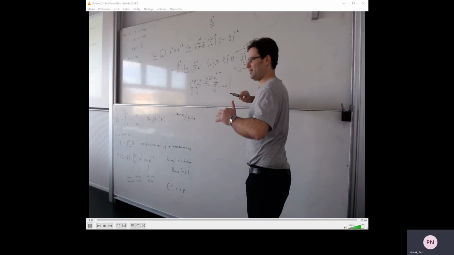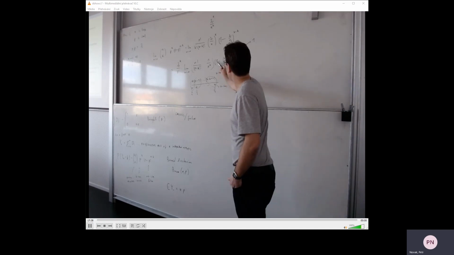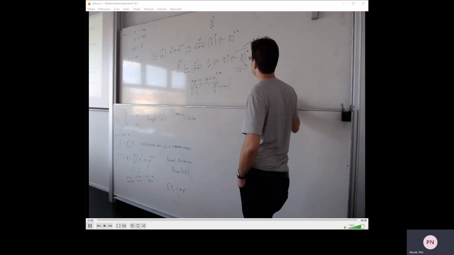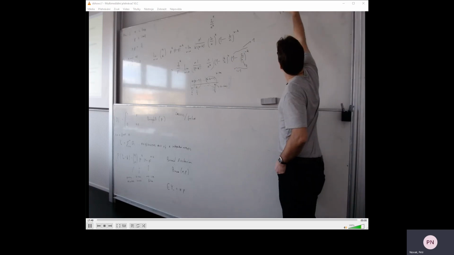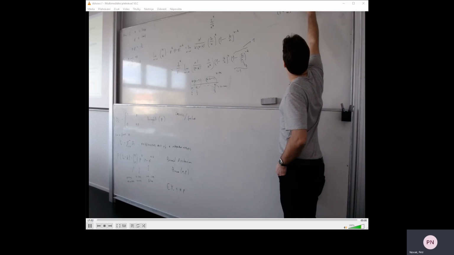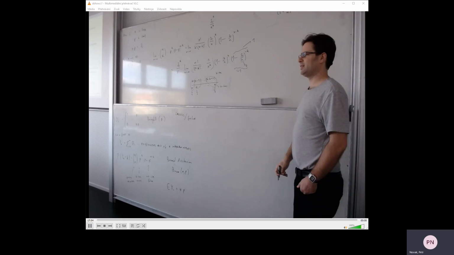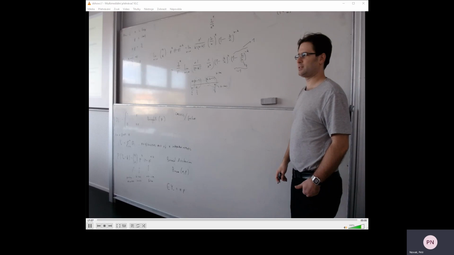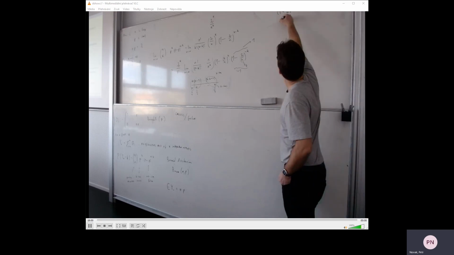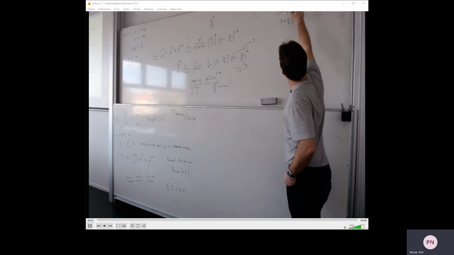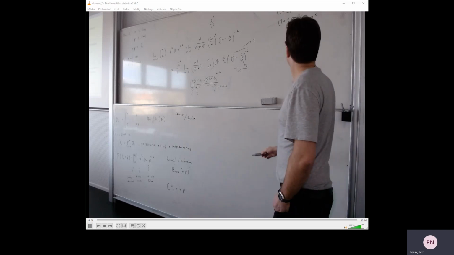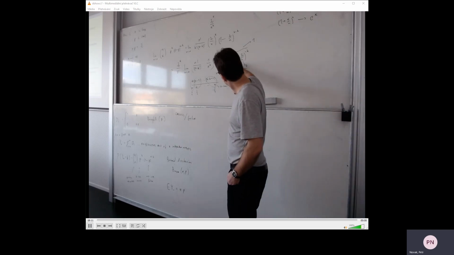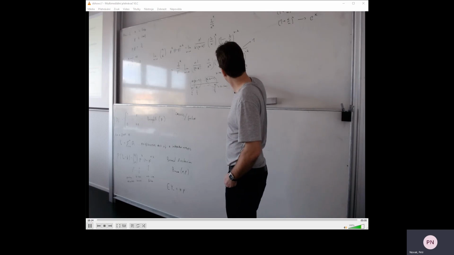But with this n, it gets more convoluted. Now you might recall that 1 plus 1 over n to the power of n goes to the value of e, the Euler constant, the exponential, and 1 plus x over n to the power of n goes to e to the power of x. So here we have minus lambda, so this thing goes to e to the power of minus lambda.